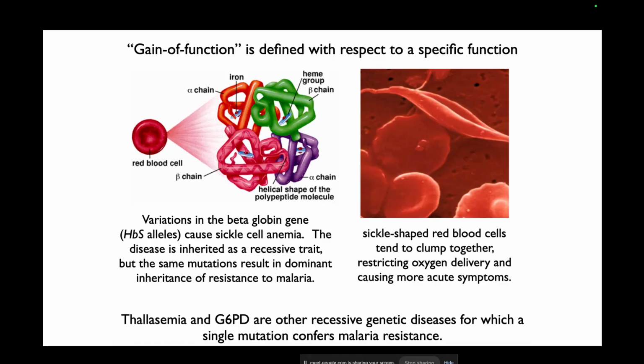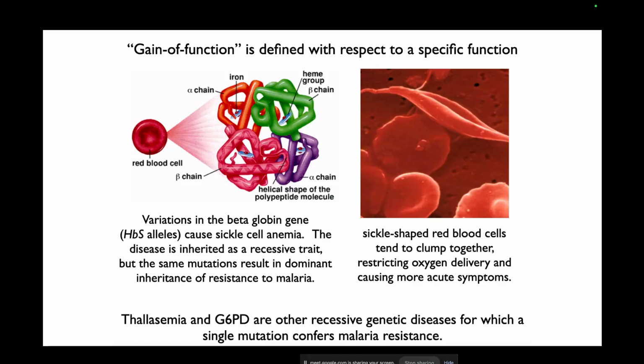The idea is that sickle cell anemia is inherited as a recessive trait, but if you have this particular mutation, you have dominant inheritance of resistance to malaria. So even if you have one copy, that is enough. That is also a very good example of gain of function. But the gain of function again is with respect to the specific function.